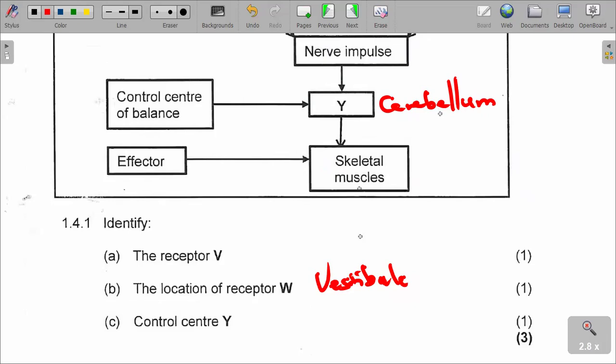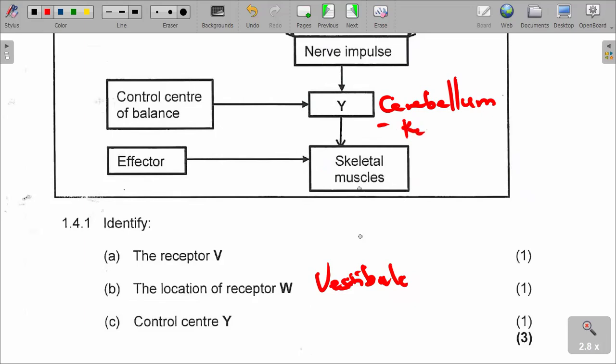The cerebellum receives nerve impulses related to balance and sends signals to the effector skeletal muscles. It is the primary center in the brain that is responsible for coordinating movement and maintaining posture and balance.